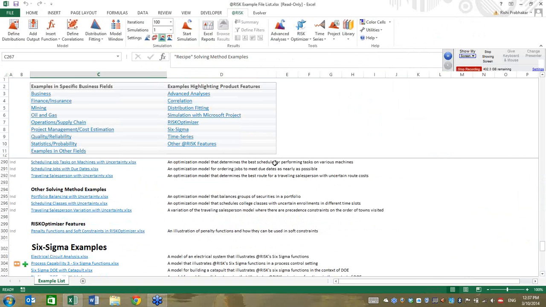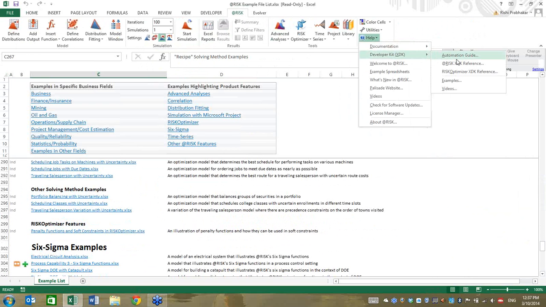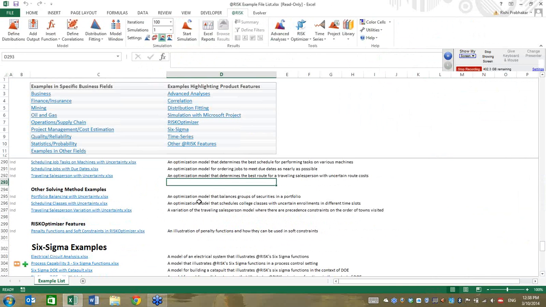And there are also in our XDK examples of utilizing or controlling RISKOptimizer using VBA for Excel code as well. So there are more RISKOptimizer examples here, noting that RISKOptimizer, just like any other feature of @RISK, can be completely or have parts of it automated using VBA for Excel coding. So just to mention that one there.